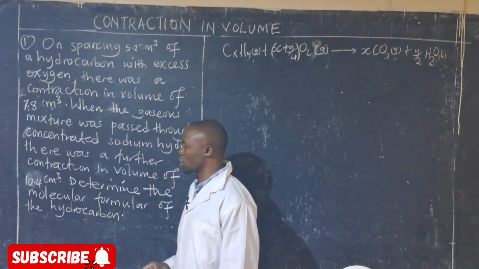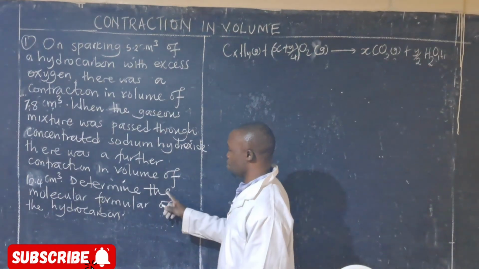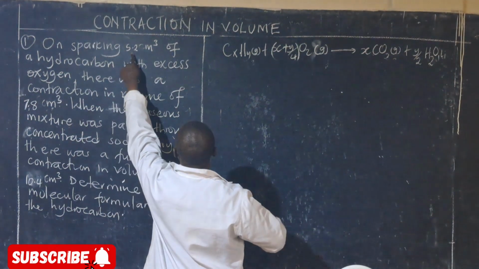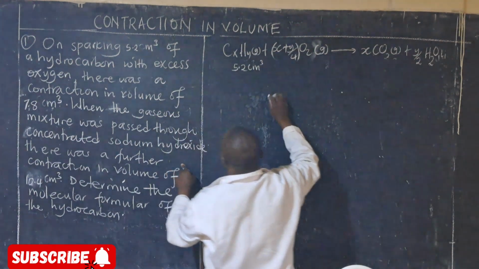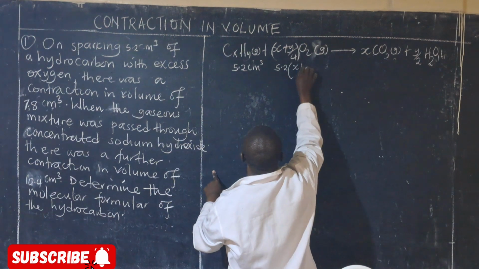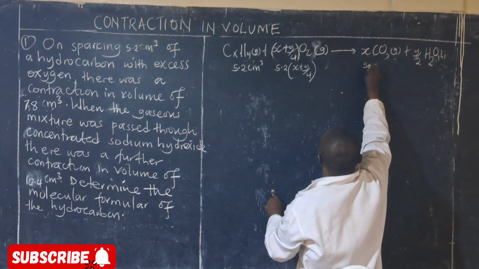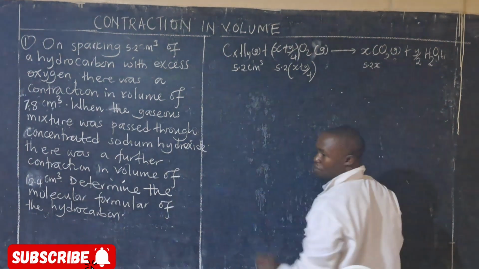This is the second contraction because this is the volume of carbon dioxide. Determine the molecular formula of the hydrocarbon. Let's feed in that information. 5.2 cubic centimeters. Then the reacted oxygen would be 5.2 into x plus y out of 4. Then carbon dioxide is 5.2x, by molar ratio of 1 to x.